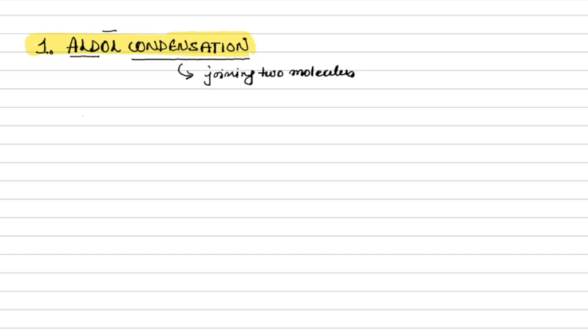So let's see how it happens, step by step. Now I'm going to take two aldehyde molecules, which will be like 2 CH3CHO. We can write it like this, CHO, or I can write it like this. Don't get confused, if I'm writing CHO, it is an aldehyde.